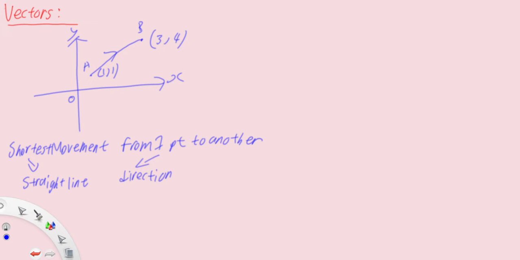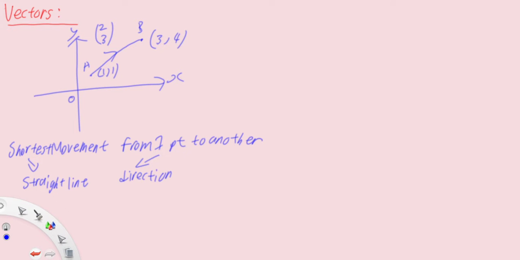Simply, you just need to compare the change in the x coordinates as well as the y coordinates. So 1 to 3, the change is 2. 1 to 4, the change is 3. And you realize here that when we want to represent vectors, it's about the movement and it's no longer about the coordinates, right? There's no such thing as coordinates of a vector.